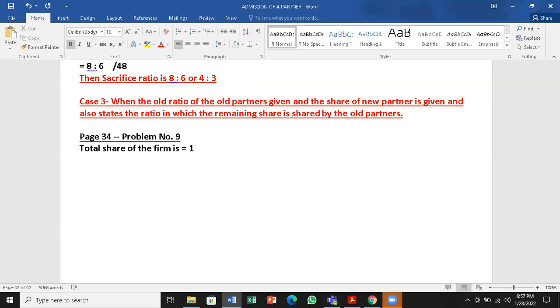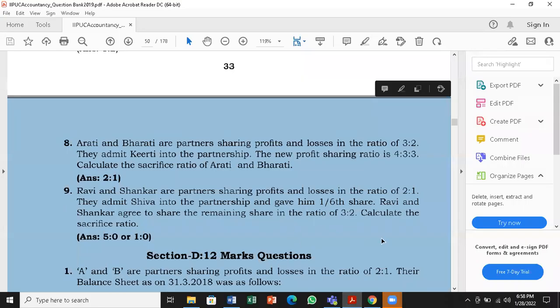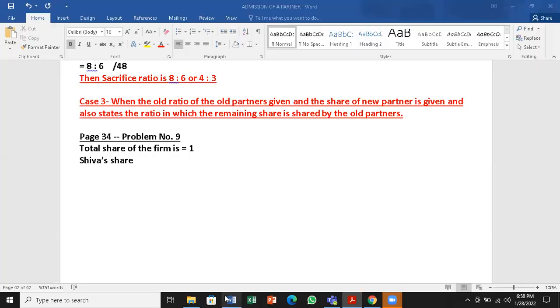That means whether it is 3 people or 4 people or 10 people, the total share is 1. That's nothing but 100%. Shiva is a new partner, and his share is 1/6.